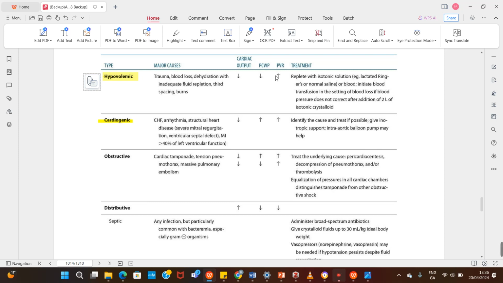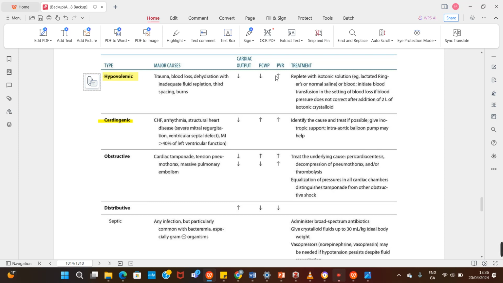Anybody that experienced trauma, might be from a fracture injury, the excessive blood loss from there can cause hypovolemic shock. Somebody that is experiencing frequent protracted vomiting and diarrhea, they are losing a lot of fluid and they'll become dehydrated, and at the end of the day they can deteriorate to hypovolemic shock.